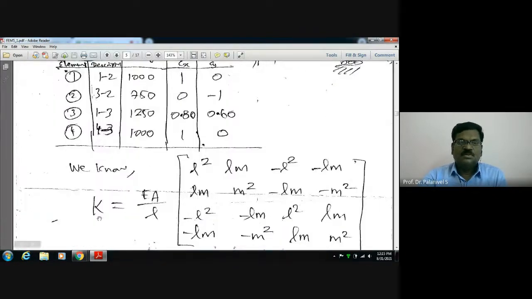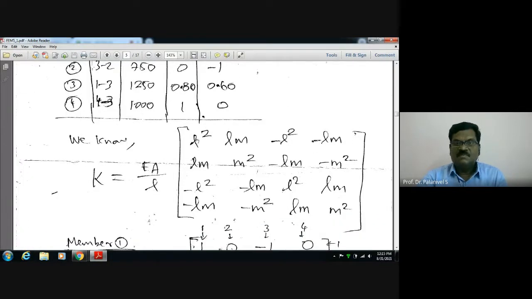We know the element stiffness matrix K equals A by L into this formula. If you don't remember, you can write it: L, M, N, minus L, minus M, plus L, plus M in the vertical direction, minus L, minus M, plus L, plus M. You multiply and you will get this matrix. You need not memorize it.